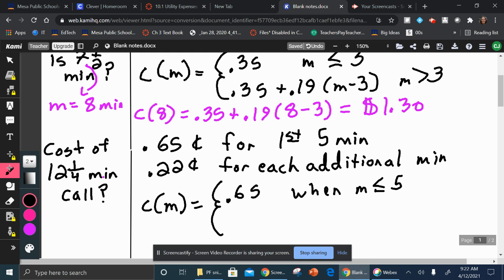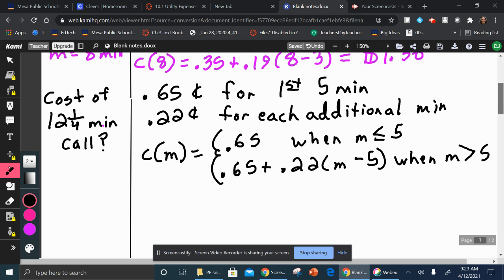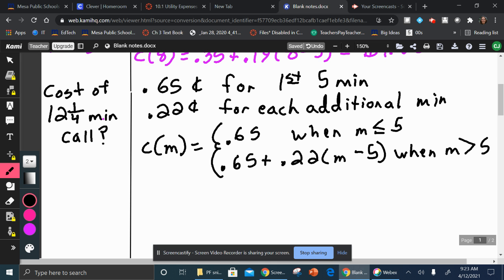Okay, and then it's going to be 65 cents plus 22 cents for each additional minute when it's more than 5 minutes. Okay, so for the minutes, everybody, we're always going to round up. So we'd round that to 13 minutes.